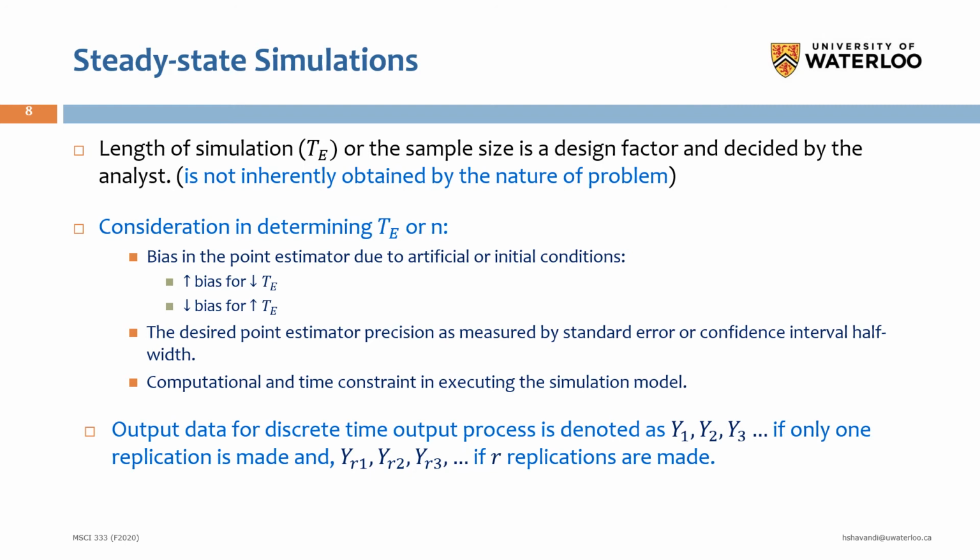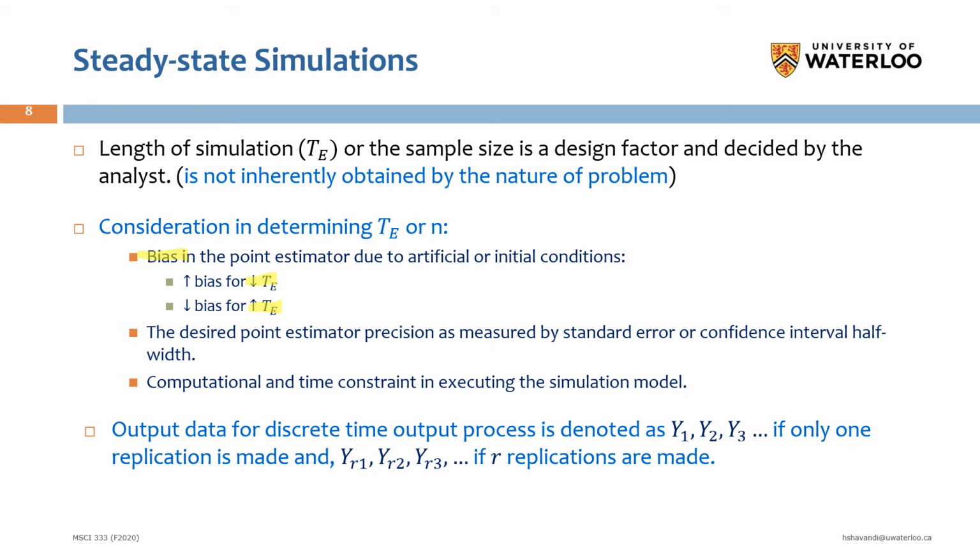The first one is bias. If TE is not long enough, then the results will be biased toward the initial status. And if we increase TE to be long enough to eliminate the impact of the initial status, then it will be less biased. So this is one consideration here.